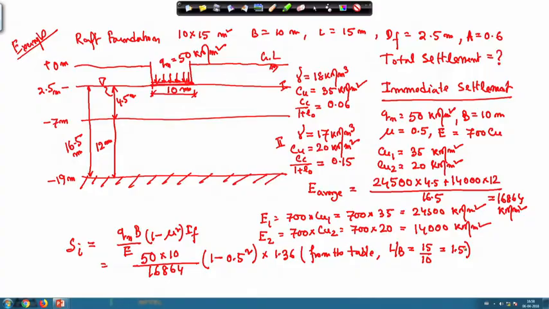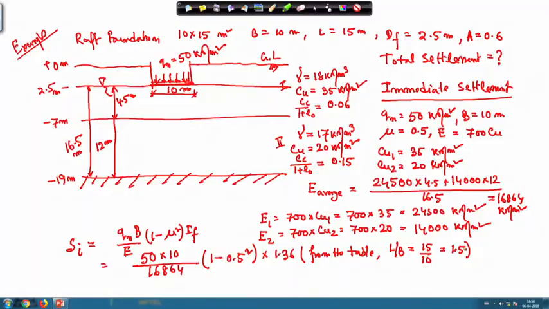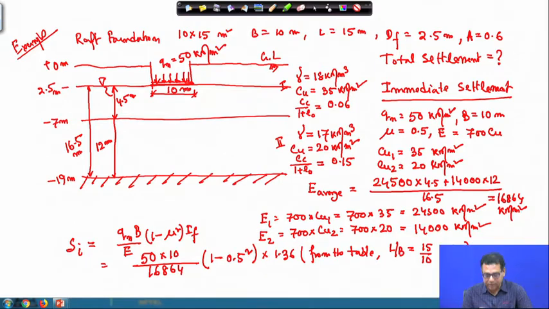So, corresponding to L by B 1.5, I am taking the IF value at the center of a flexible footing. Remember that: I am designing the raft foundation, which is rigid, but the IF value I am taking is for the center of a flexible foundation, because later on we will apply the rigidity correction.